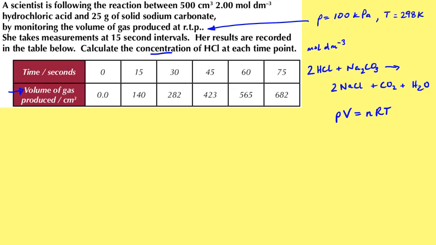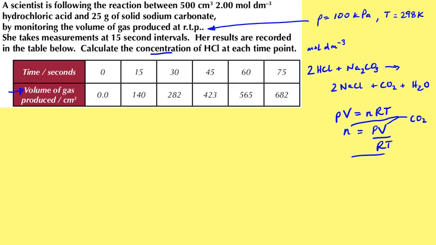What we can do is rearrange that, because what we want is moles. So the moles, n, is going to be PV over RT, where the volume and the moles are referring to our carbon dioxide, of course. So our carbon dioxide is coming off, we've got the volume of that, we want the moles of carbon dioxide, and we're going to use this rearrangement of the ideal gas equation to give us that data.